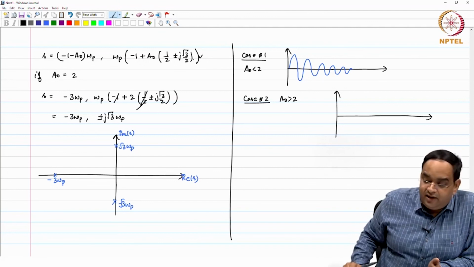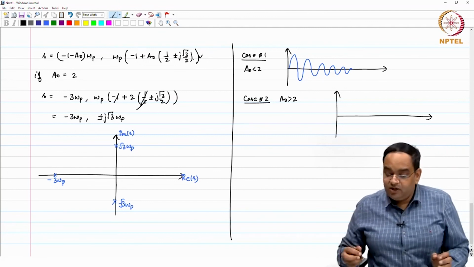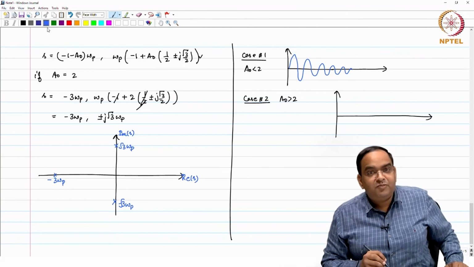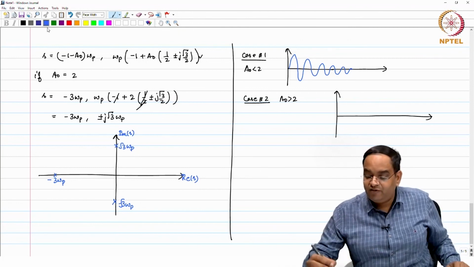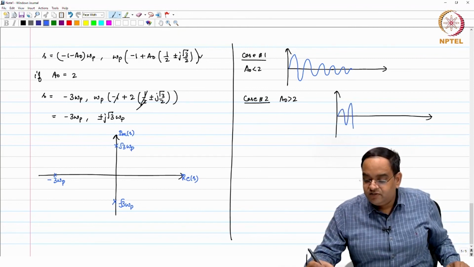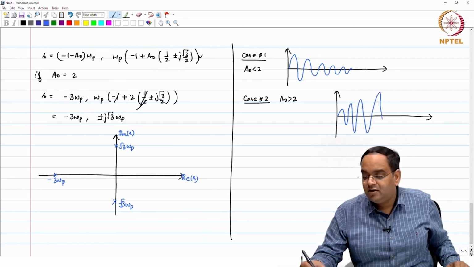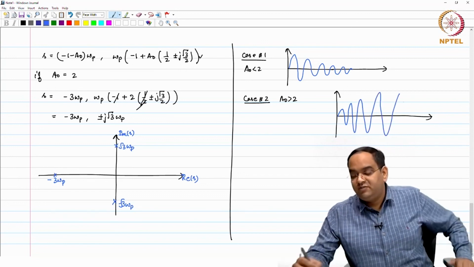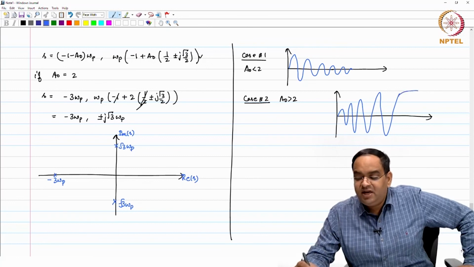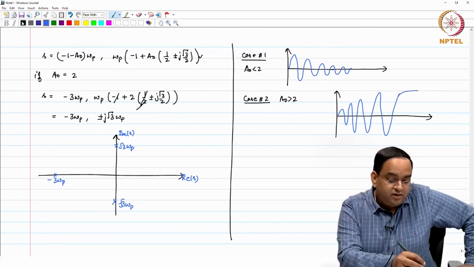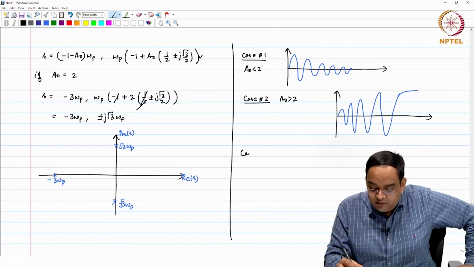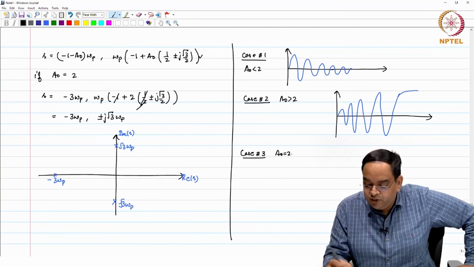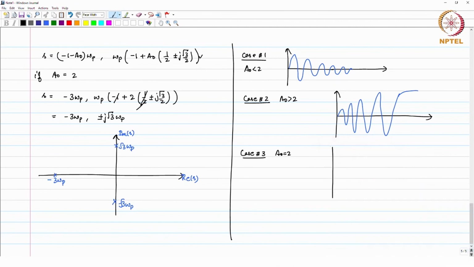If A0 is greater than 2, then in that particular case, you are going to have closed loop poles in the right half plane. The oscillations will build up, okay, and then with the real limit of the supply voltages, it may saturate either to VDD or ground. And in case 3, when A0 is equal to 2, in that particular case, you will get sustained oscillations.